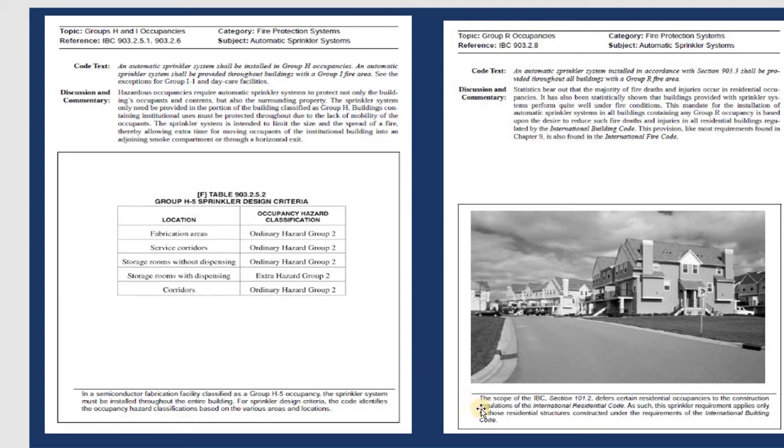The fire codes for the scope of the International Building Code differ on certain occupancy and construction regulations from the International Residential Code. Section R101.2 lets you know more about sprinkler requirements that apply to residential structures. For example, this is a residential structure.